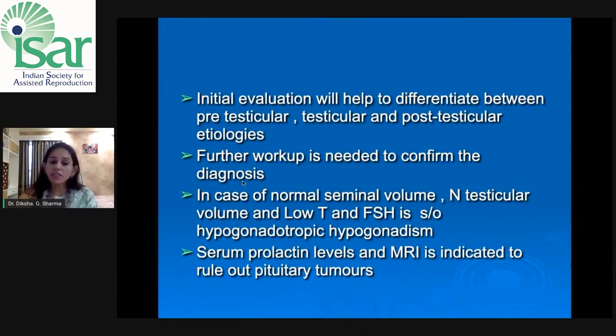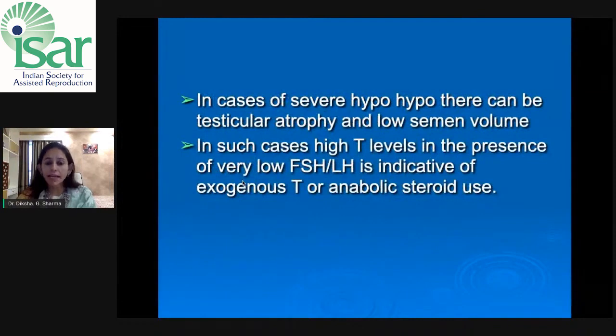So in this case, to find out the cause, we should also further do serum prolactin levels and an MRI, because we have to rule out any pituitary tumors, that is prolactin secreting pituitary tumors or prolactinomas. In case of severe hypogonadotrophic hypogonadism, there can also be testicular atrophy and low semen volume.